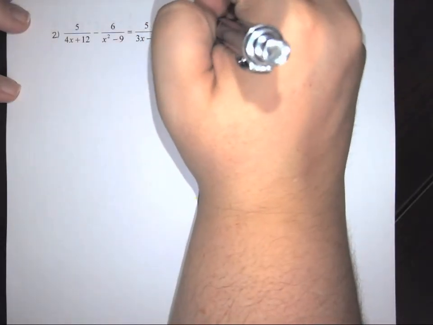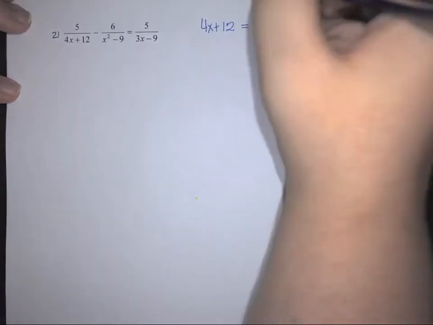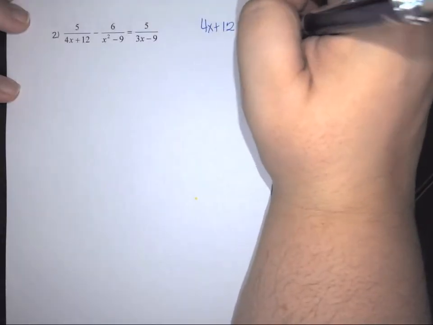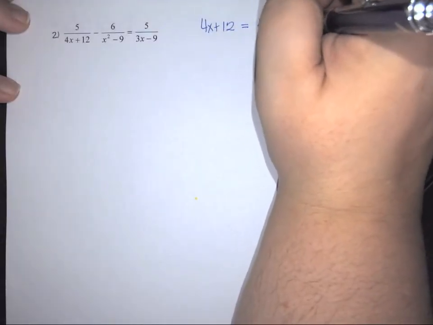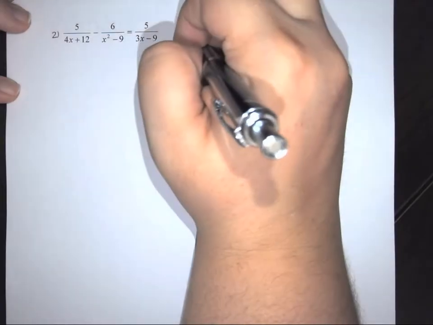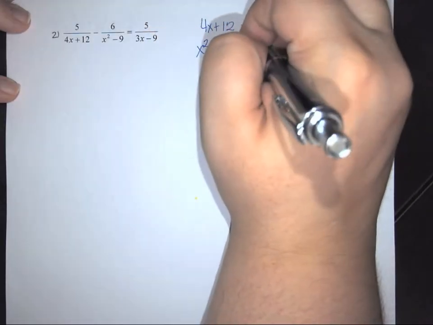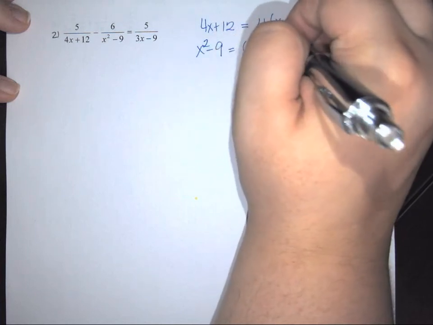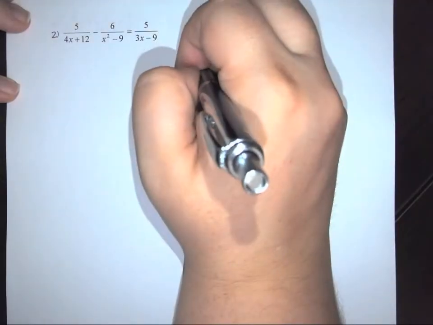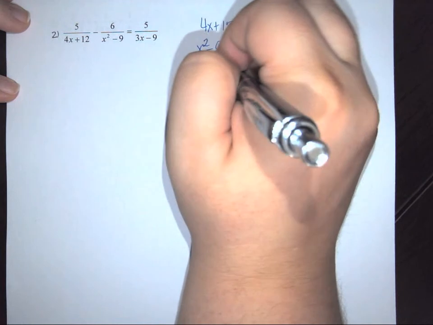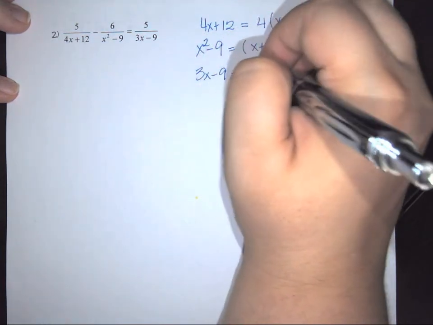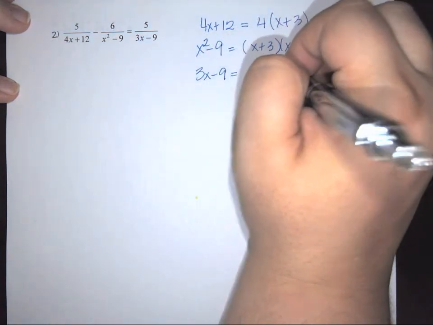So 4x plus 12 can reduce down by pulling a 4 out, which makes it 4 times x plus 3. When I have x squared minus 9, that reduces down to x plus 3 times x minus 3. And 3x minus 9, if you pull a 3 out, becomes 3 times x minus 3.